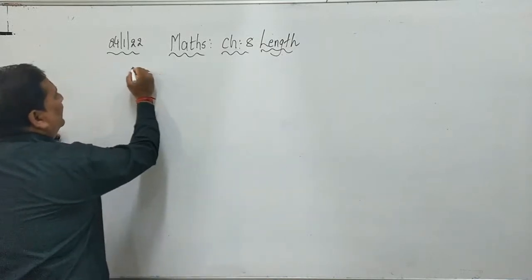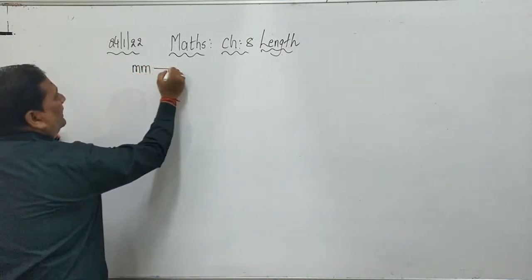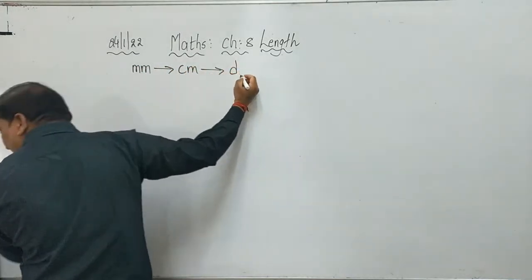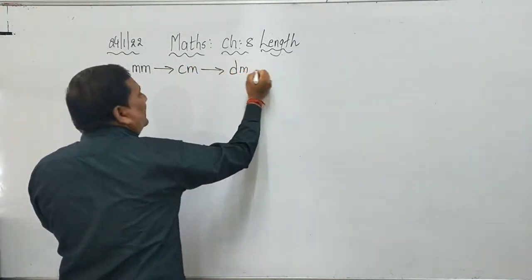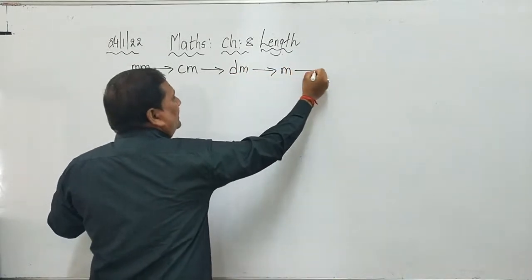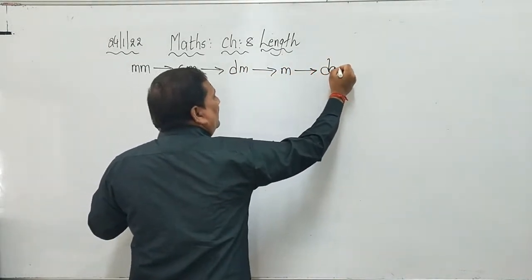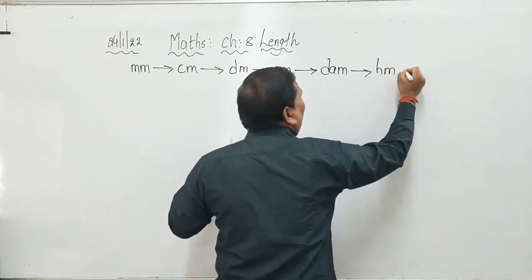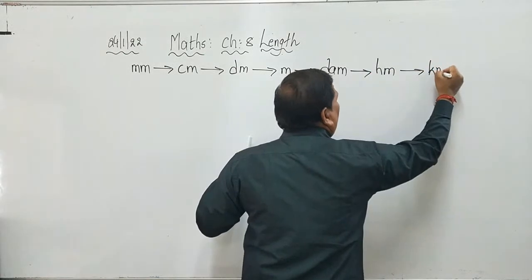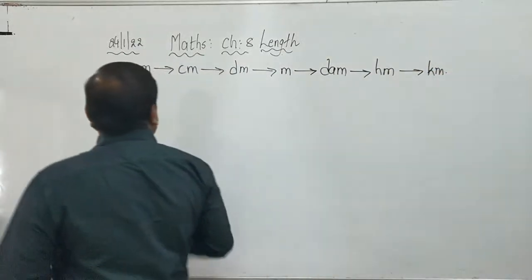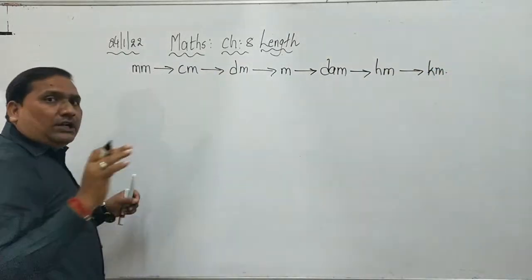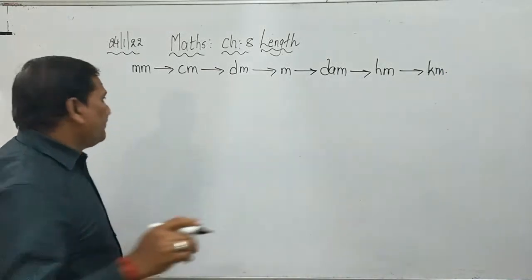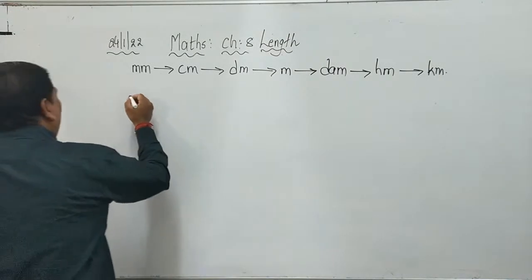Always write down the order: millimeter, after that centimeter, after that decimeter, that means dm, then meter, then decameter, dam, then hectometer, hm, and then km for kilometer. So this is the order. The order should be in your mind.